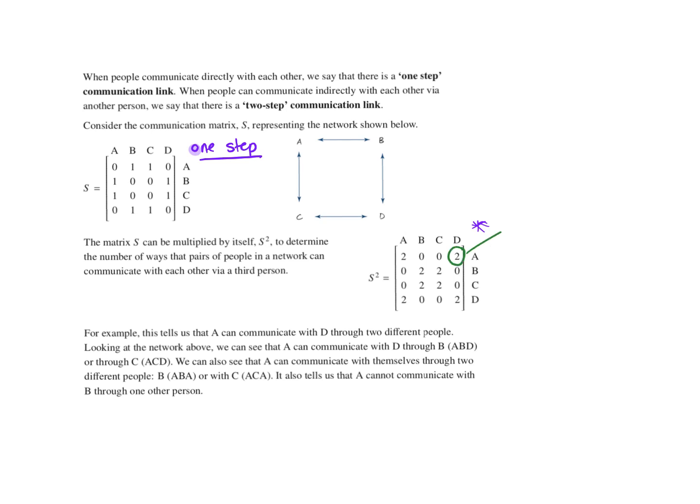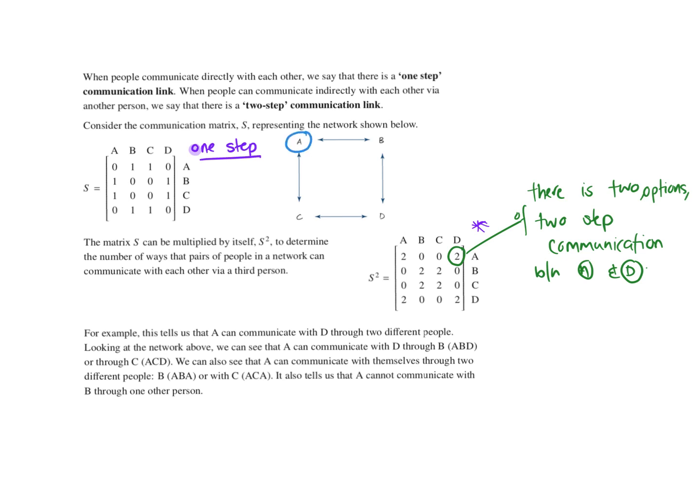This says that there are 2 options of 2-step communication between A and D. So let's go and find them in the original. How could A get a message to D in 2 steps?